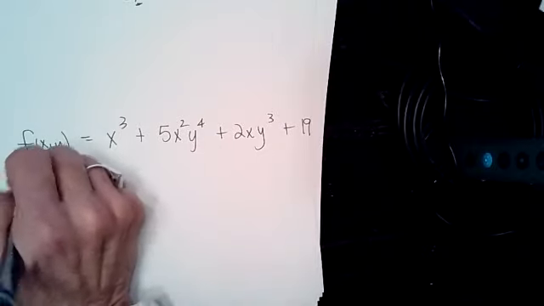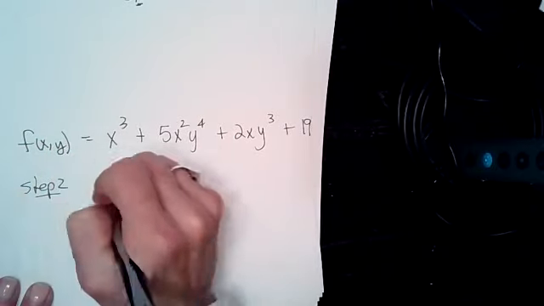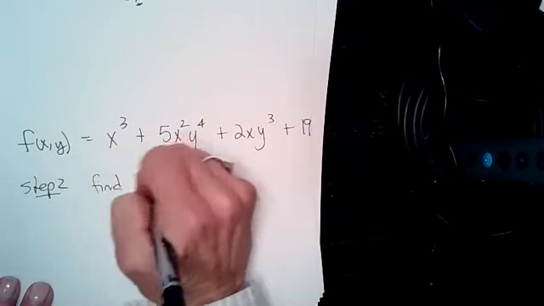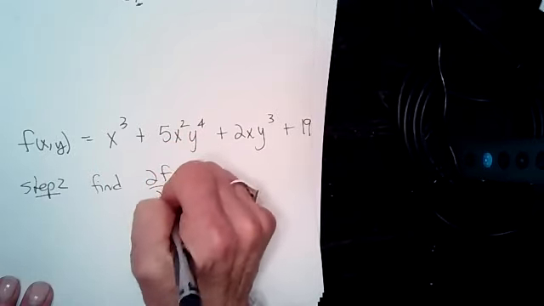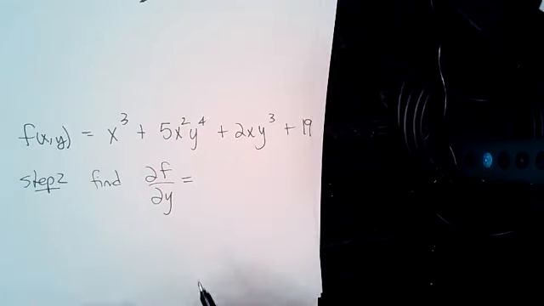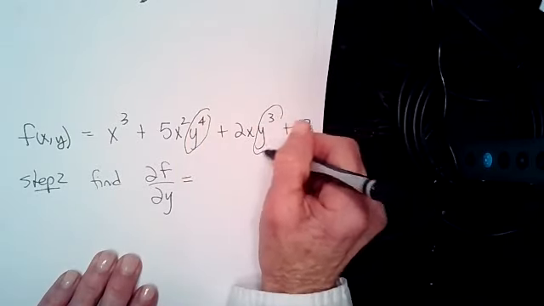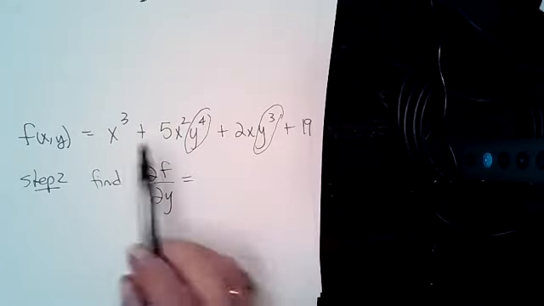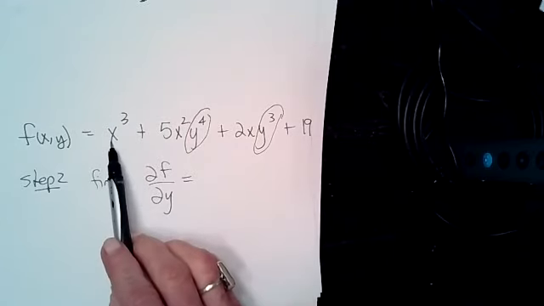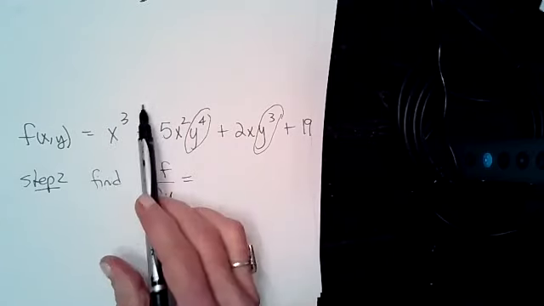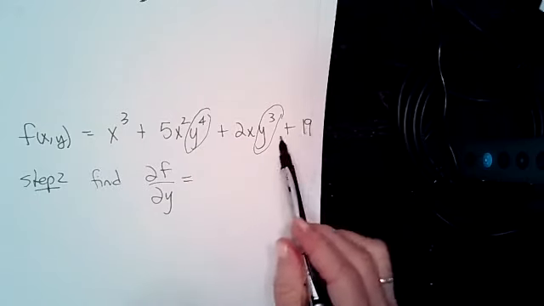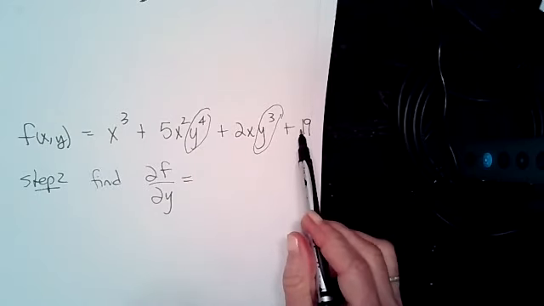Now on step 2, they want me to find the derivative of f with respect to y. Okay, so what I do is I go find my y's, okay? And if it doesn't have a y in it, this is a constant term, okay? That means the derivative is 0. This 19 is a constant term. The derivative is 0.